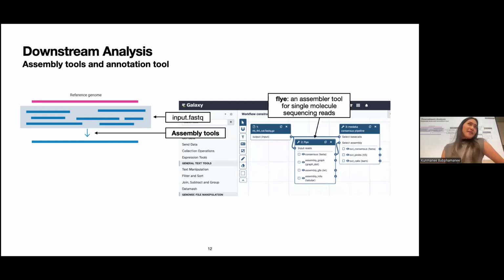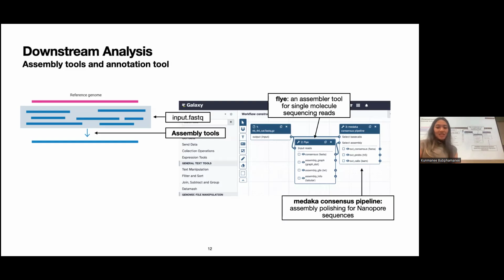So I use Flye, which is an assembly tool for single molecule sequencing reads. And then I have to do polishing using the Medaka consensus pipeline, which is designed for nanopore. And what I get out of it is a whole long genome, something like this.